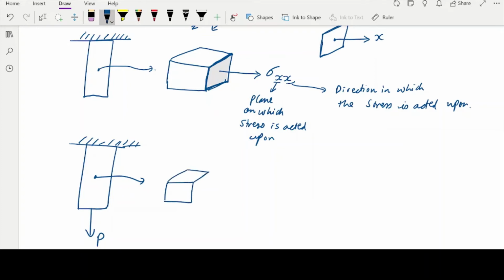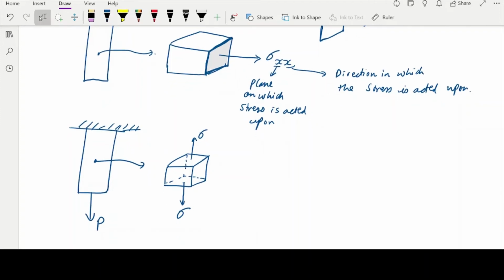We draw a cube, and this is sigma, and this is sigma. So this is acted upon by an axial tensile stress sigma. And what are the parameters that define sigma? The magnitude of sigma, that is P upon the cross-sectional area of this bar, and the plane in which it acts.